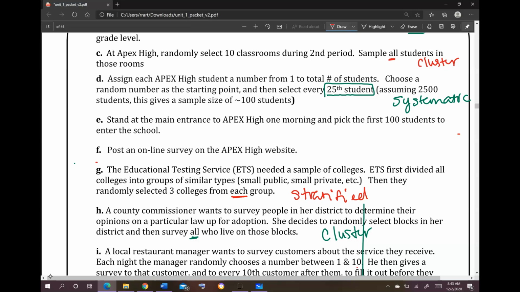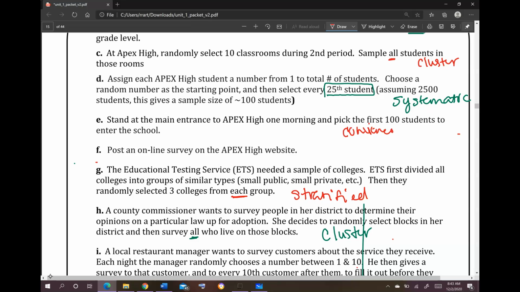Random is everybody has an equal chance. Not everybody has an equal chance to be in the first 100 students. There are a lot of things that could play into that. And they're not divided into groups, so it's not cluster or stratified. It's not systematic because they're not doing every 100th student. They're just pulling the first 100 students. So that is why that is convenience.